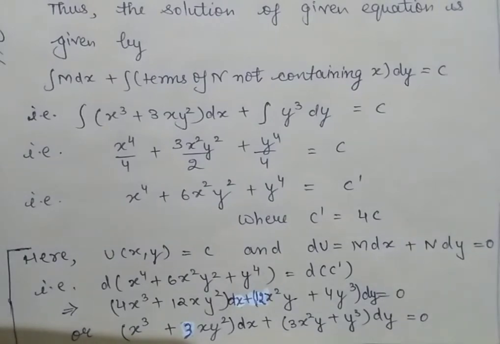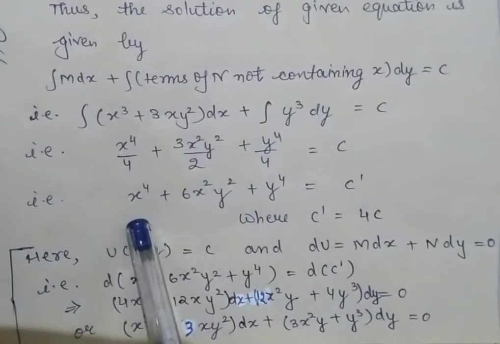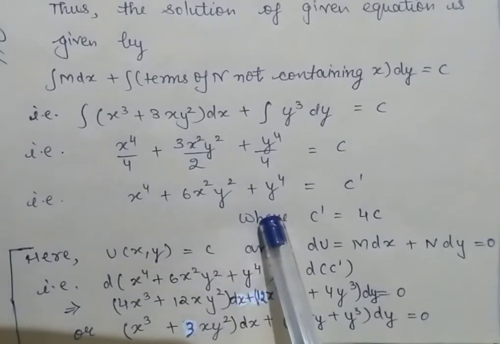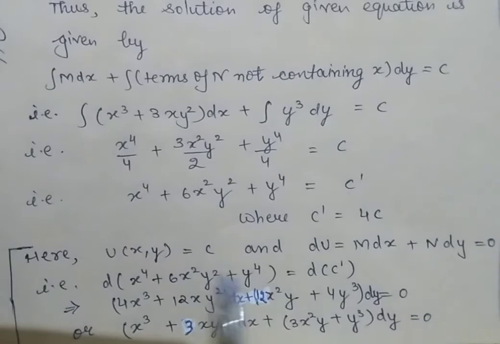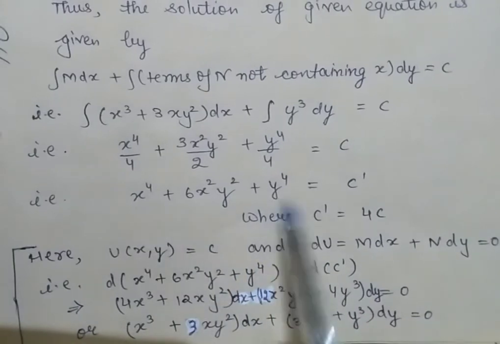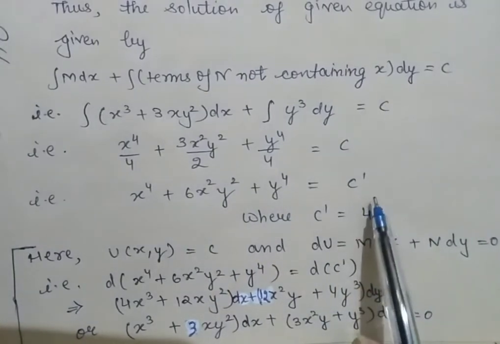This similar question was done with the homogeneous method and we get the same answer, x raised to the power 4 plus 6x square y square plus y raised to the power 4 equal to c dash, differing only by a constant. Now by definition of exact differential equation, we must have there exists some function u(x,y) equal to c. We are getting this function equal to c dash or some constant c.